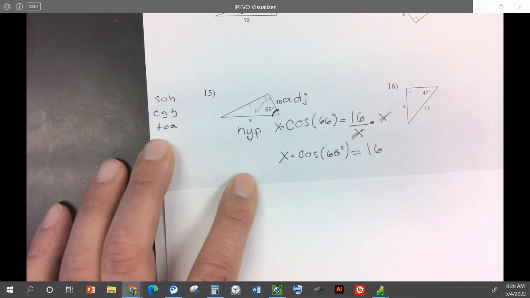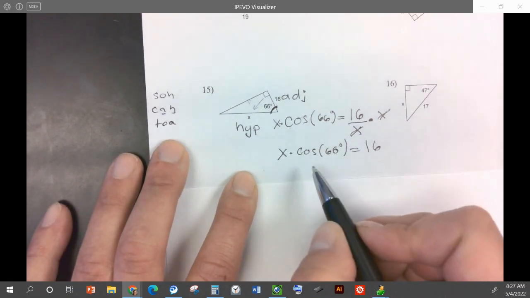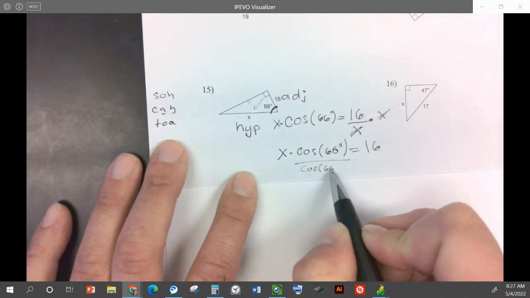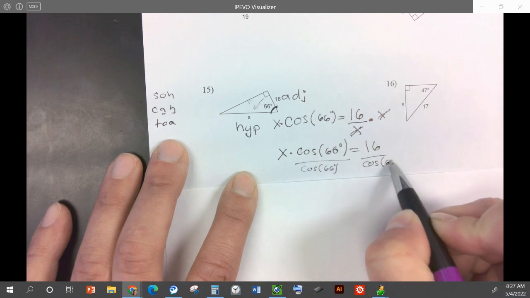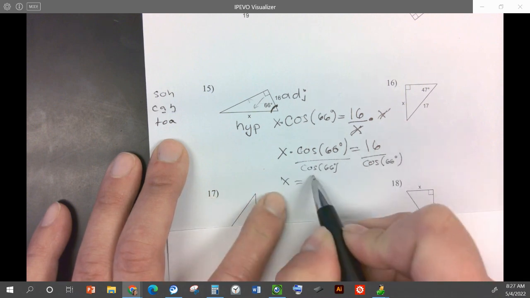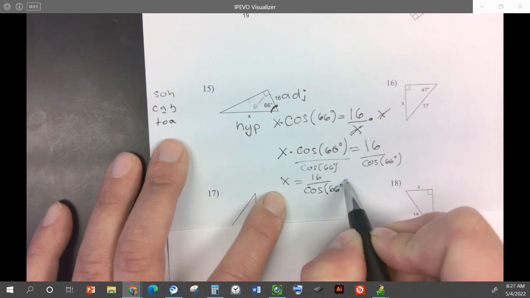X divided by x is just 1. And now we need to divide both sides by cosine of 66. So x will be whatever 16 divided by cosine of 66 is.